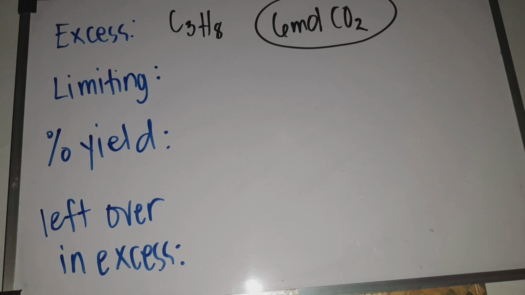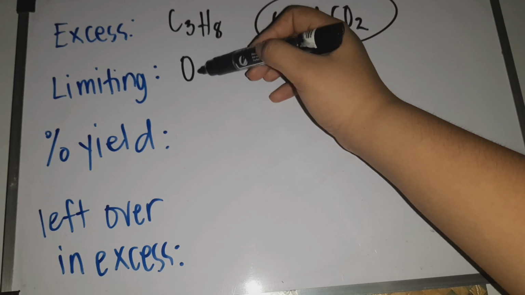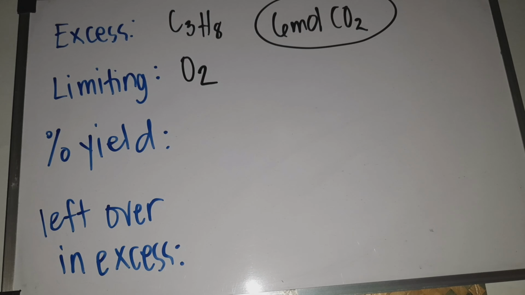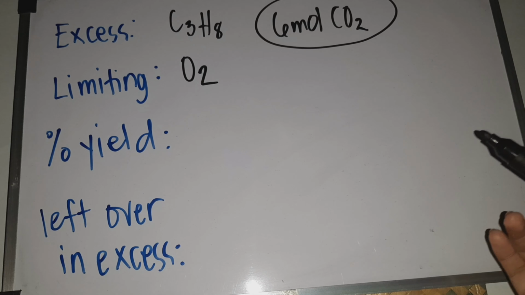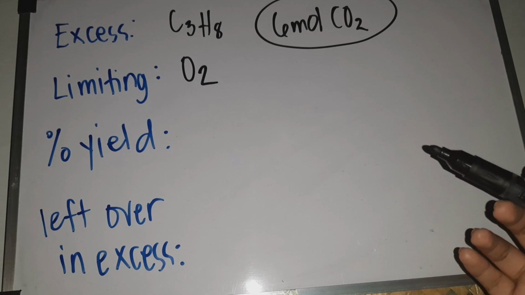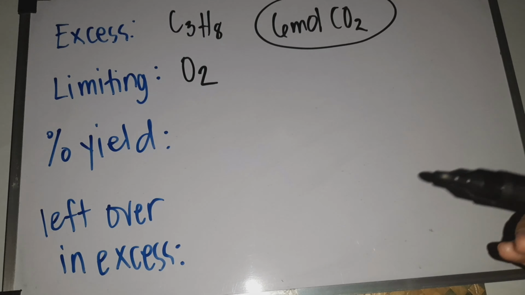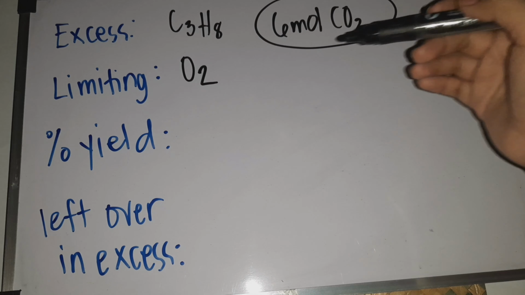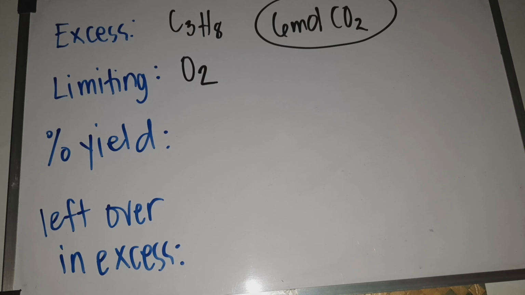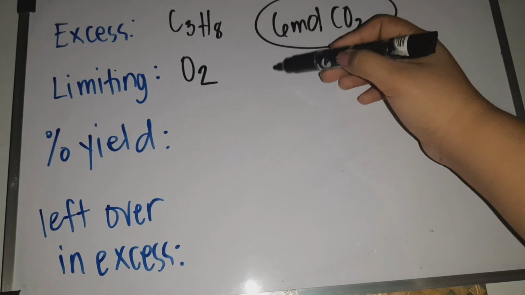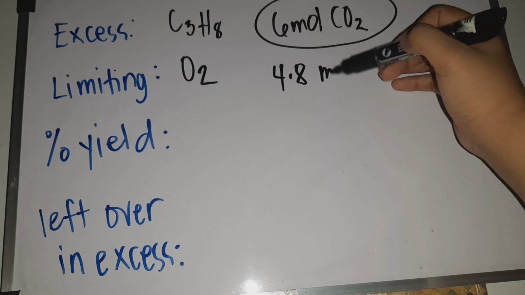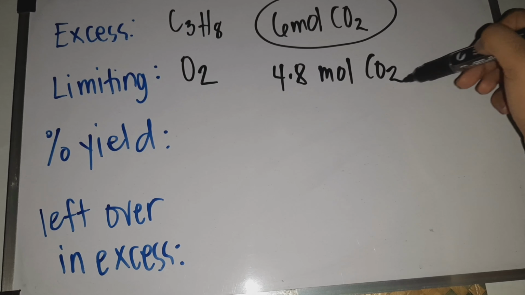Next one is the limiting reagent. The limiting reagent is oxygen. Why? Because that will be the first one to diminish once the chemical reaction takes place. So this O2 will limit the reaction, and if we use 8 mole of O2, we can have the least amount of the product, which is 4.8 mole of carbon dioxide.